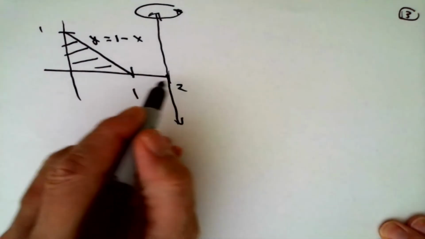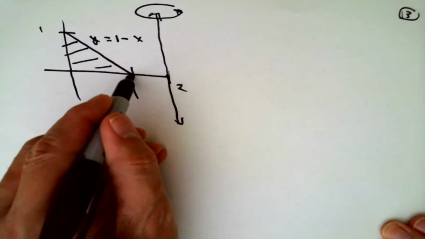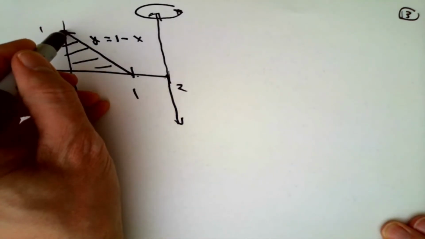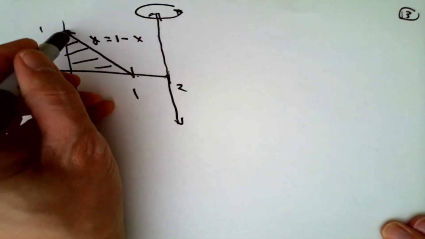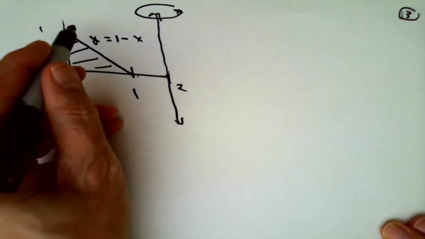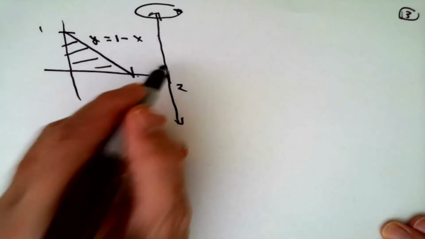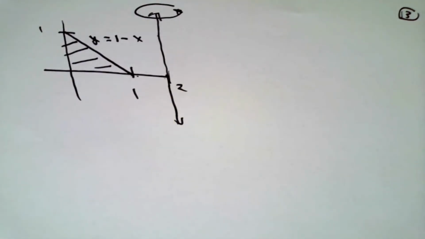Down at the bottom, this distance is 1. Up at the top, this distance is 2, and in between, it will vary. So I'm going to have to be very careful about my chopping up and my distances and how I express things.